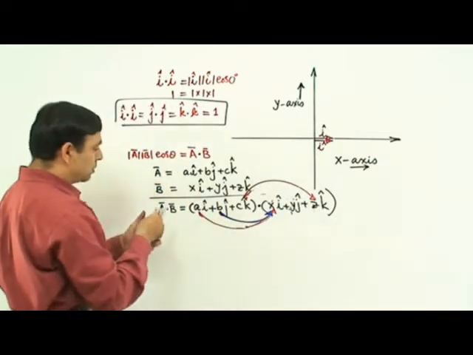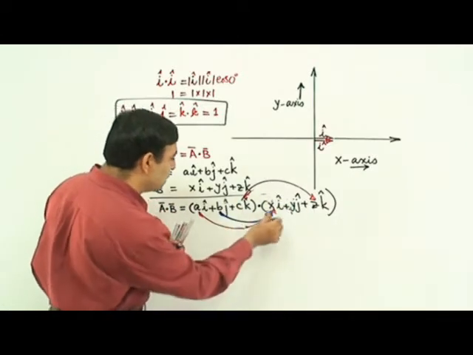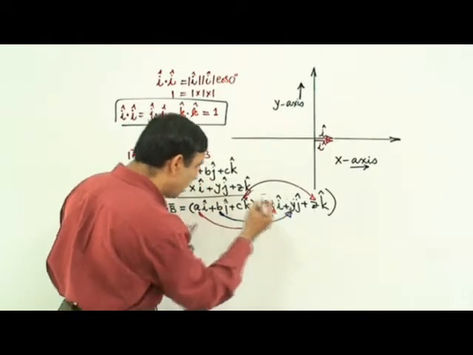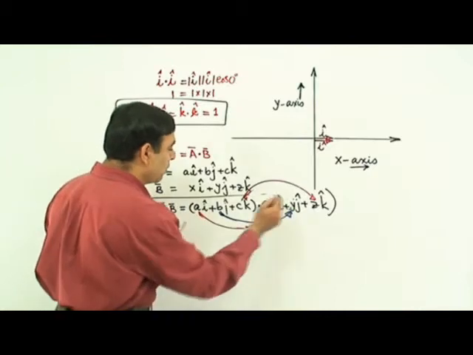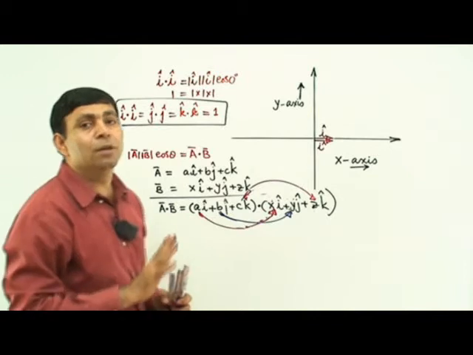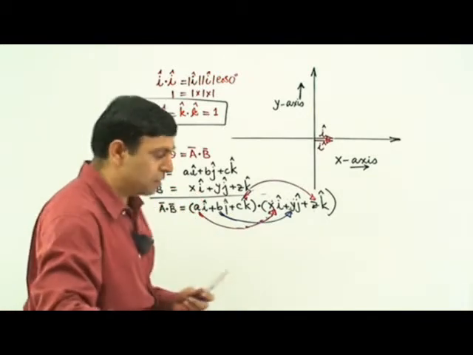So the i dot i term will remain, the j dot j term will remain and the k dot k term will remain. All other terms will vanish. So only 3 terms are non-zero and the other 6 terms vanish, or they are 0.